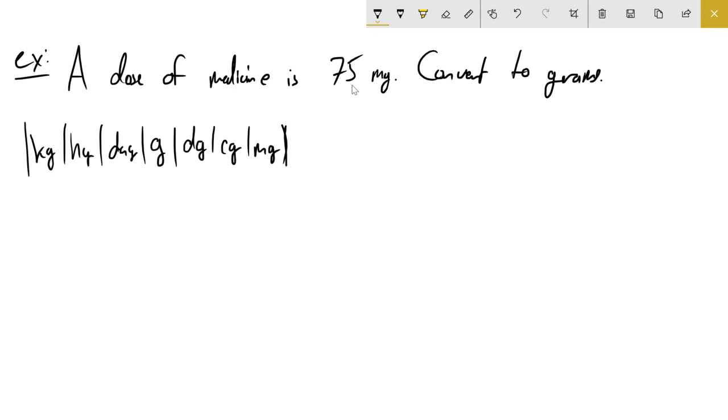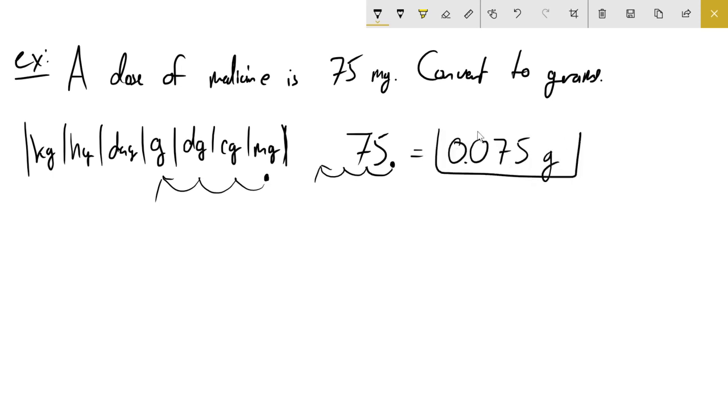So then we're at milligrams, and I'm trying to get to grams. So which way does my decimal need to go, and how many places? Yeah, it needs to go 1, 2, 3 to the left, because I'm at milligrams, want to get to grams. So with the whole number, the decimal is at the end of it, right? So I need to pick it up and go 1, 2, 3 to the left. And so it's going to be 0.075 grams.